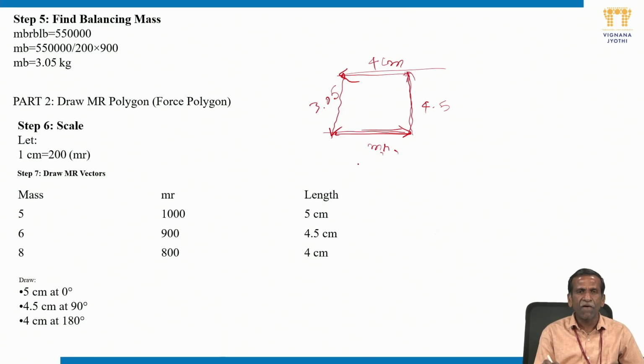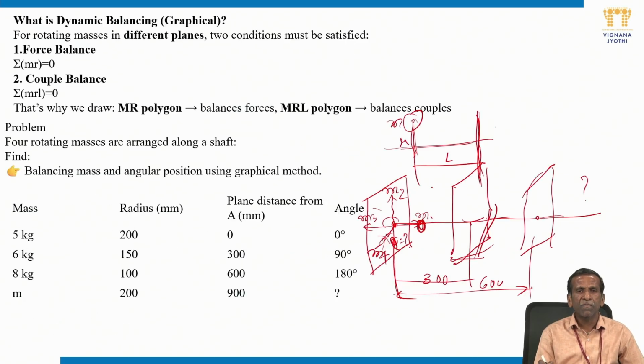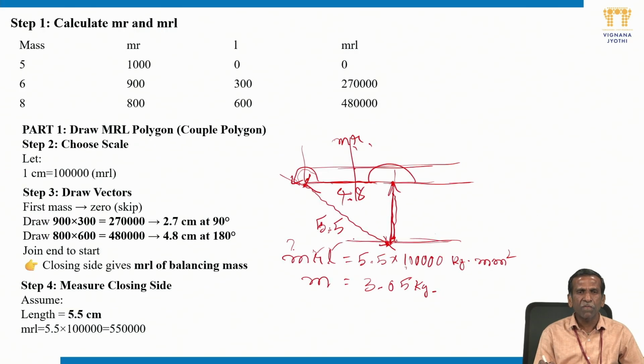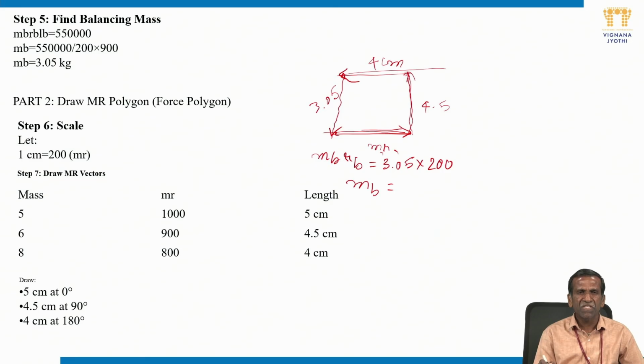This is the value of MBRB in this problem, 3.05 into 200 scale you have taken. So this is the MBRB. Then MB you can find, MB is 3.05. In the previous case you attempted this problem, MB is 3.05. So that is verification.